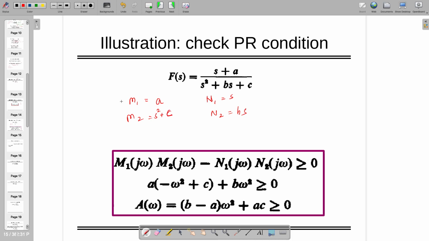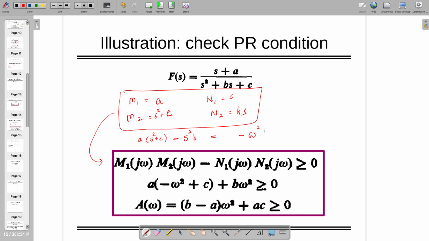When you put these things in this equation, you will see that it's a(s square plus c) minus s square b. When s equals j omega, it's minus omega square a plus ac plus omega square b, where you can club these two together and make it omega square b minus a plus ac, which has to be greater than or equal to 0, right?